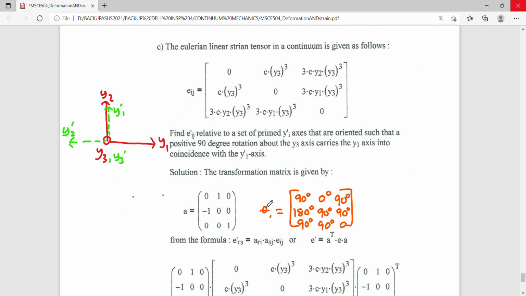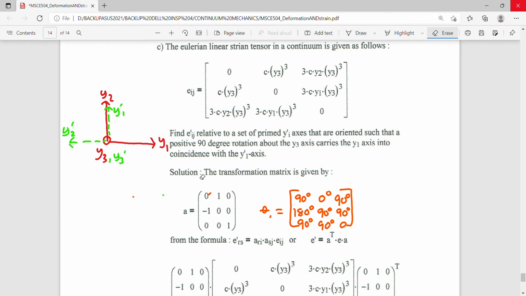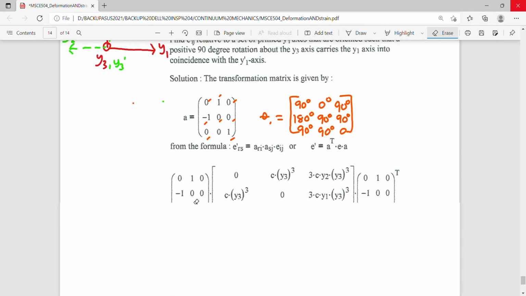Taking the cosines, cosine of 90 is 0 and cosine of 0 is 1, so the rows are 0, 1, 0; negative 1, 0, 0; 0, 0, 1. That's my transformation matrix.